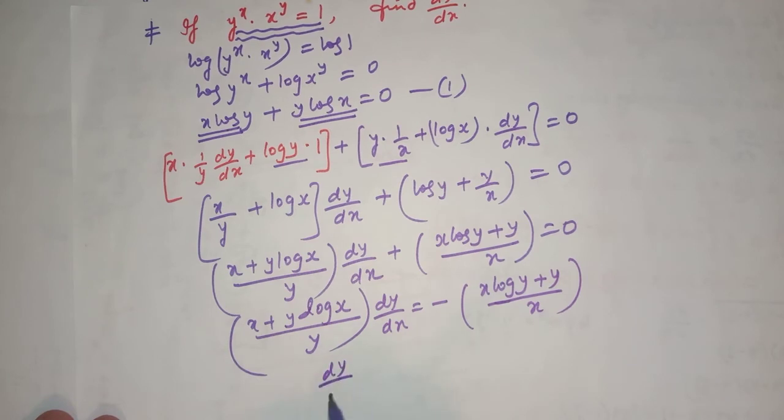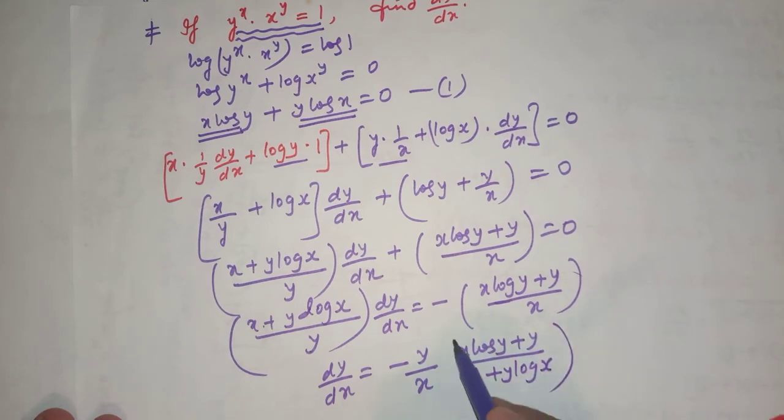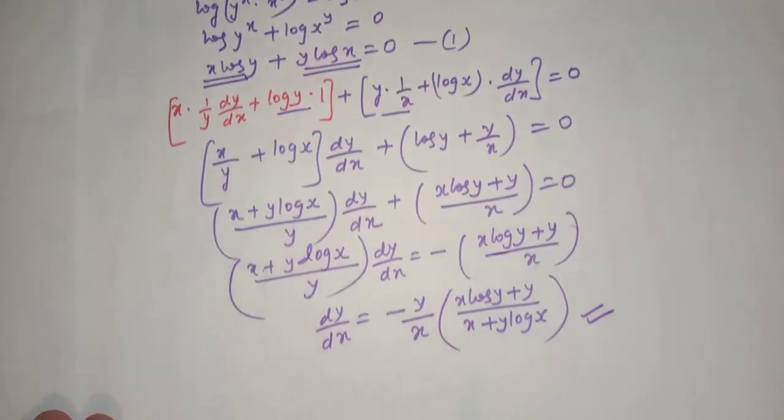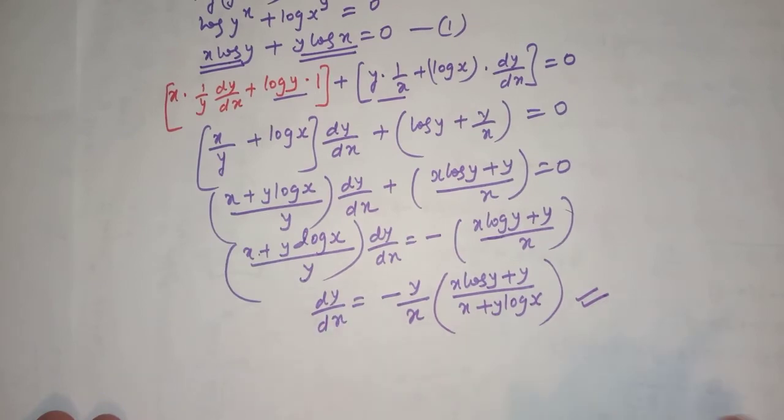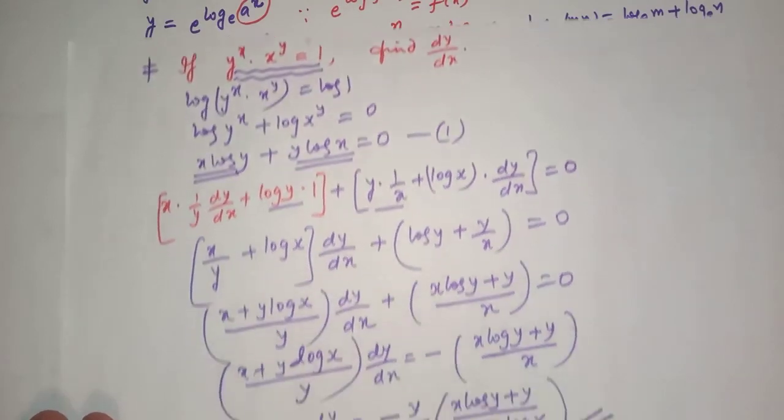So dy by dx can be written as, this y will go to this side, so y over x and x log y plus y, and this term will come to the denominator, so we have x plus y log x. So this is the required derivative of y with respect to x for this expression, clear.